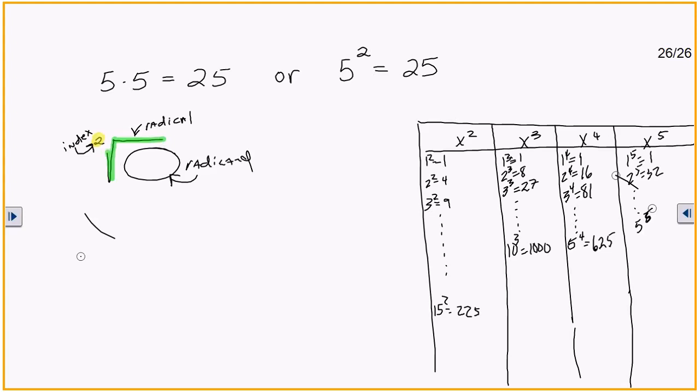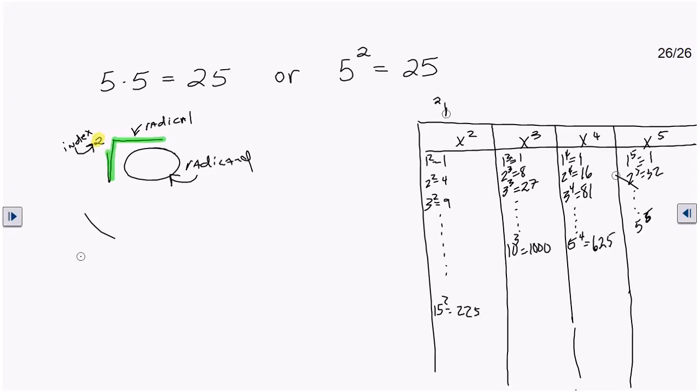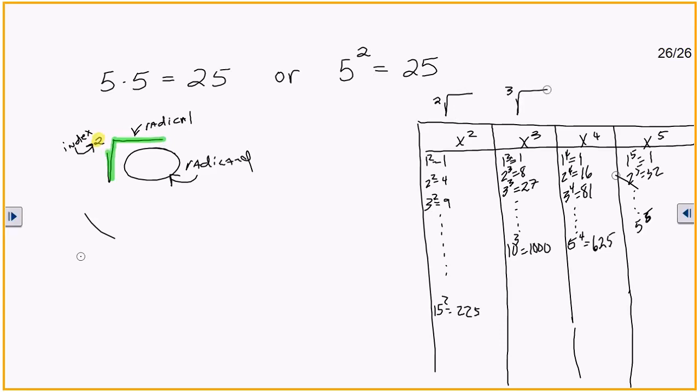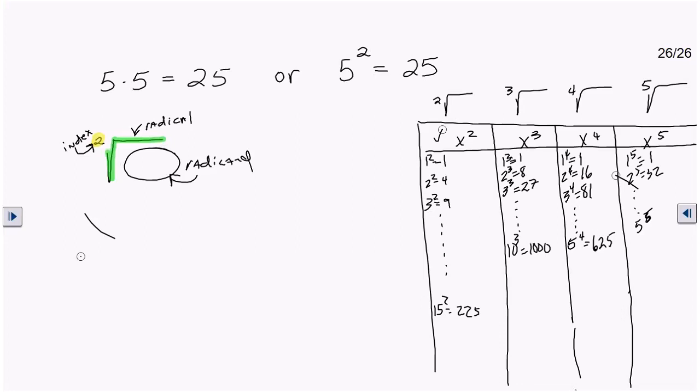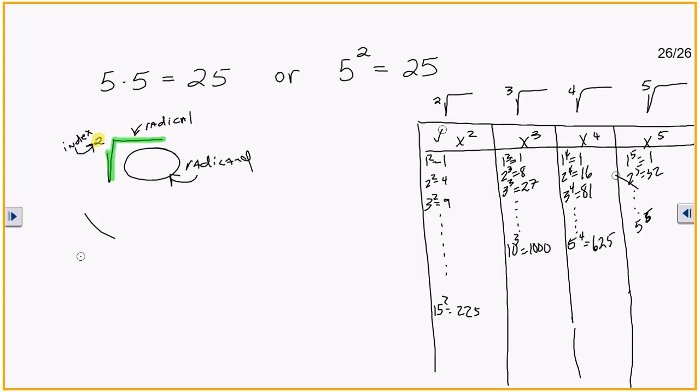Because in a book, they may ask you to take the square root, the third root, the fourth root, or the fifth root of some of these numbers. And you have to be very familiar with those numbers. I didn't say memorize, I say familiar. Everyone should know this column. Everyone should know the times tables to 15.